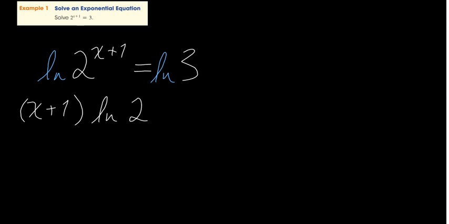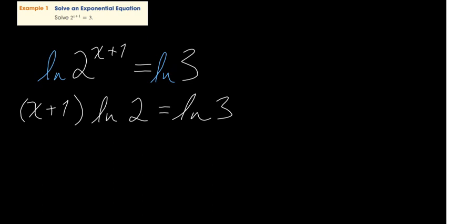So this becomes (x plus 1), and always, and when I say always, I mean always, put your exponent out front in parentheses, and you'll see why in a minute. So (x plus 1) natural log of 2 is equal to the natural log of 3.